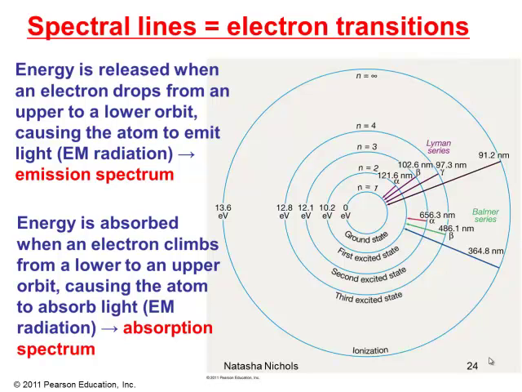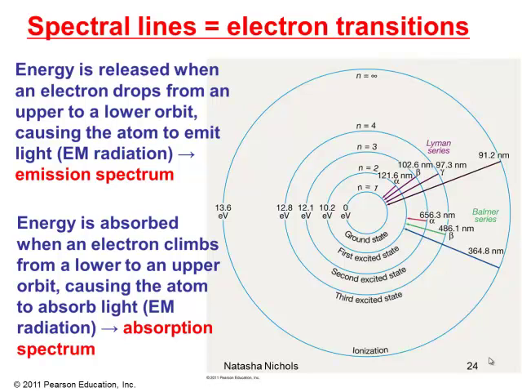So energy is released when an electron drops from an upper to a lower orbit, and that causes the atom to emit light, which we know is electromagnetic radiation. Since it emits light, it releases energy. We see it as the emission spectrum.